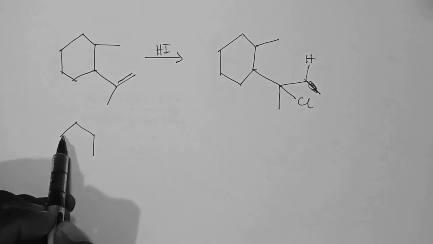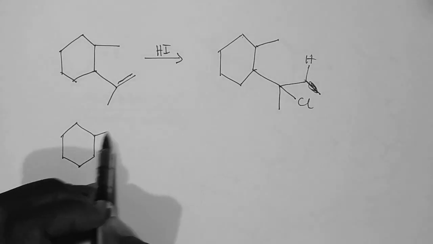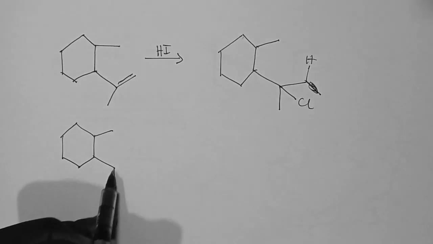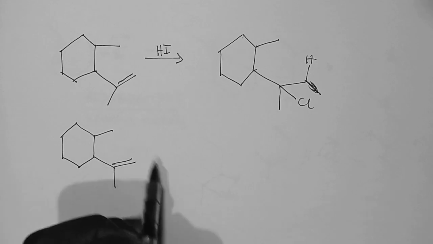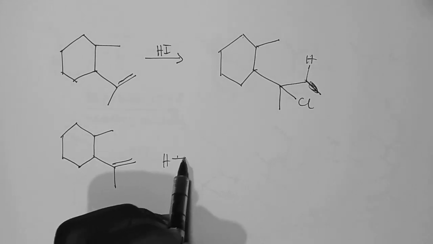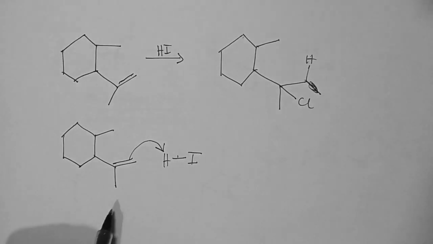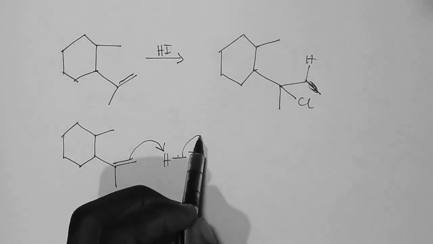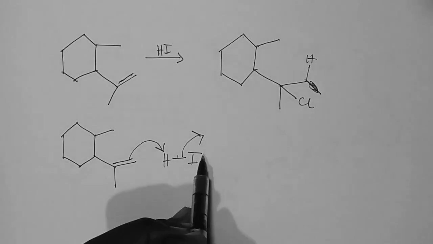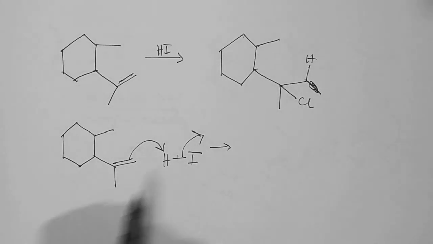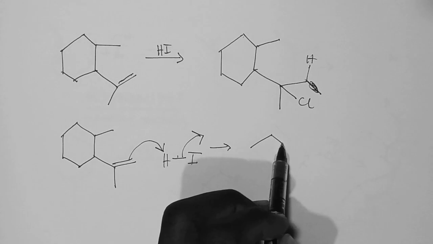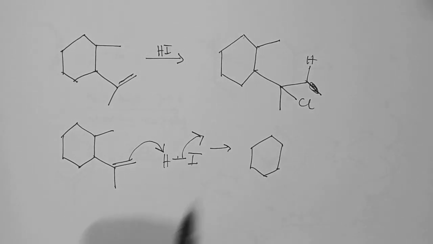So using this starting product, and then here's hydrogen iodide. So the lone pairs of electrons will be donated whilst cleaving off the iodide ion to give us the intermediate, which is a carbocation.